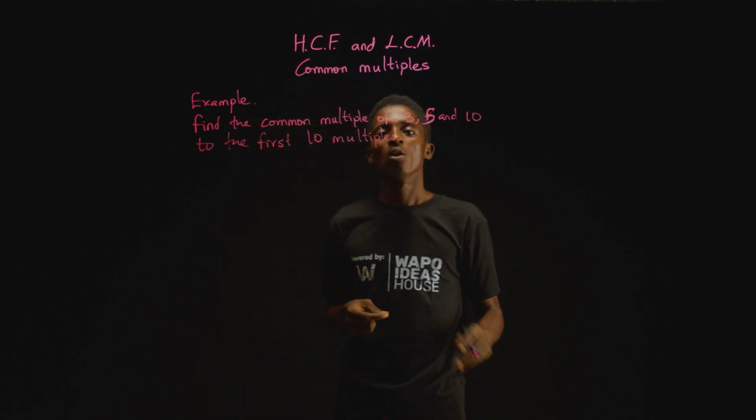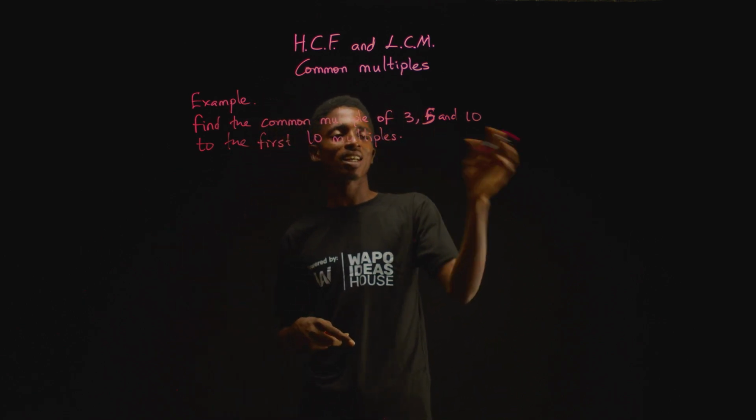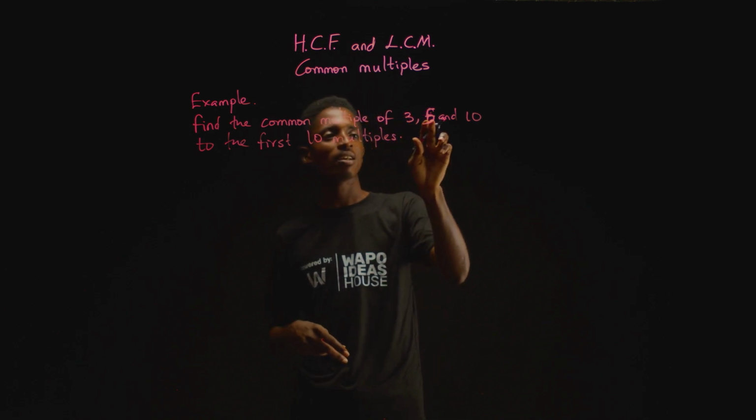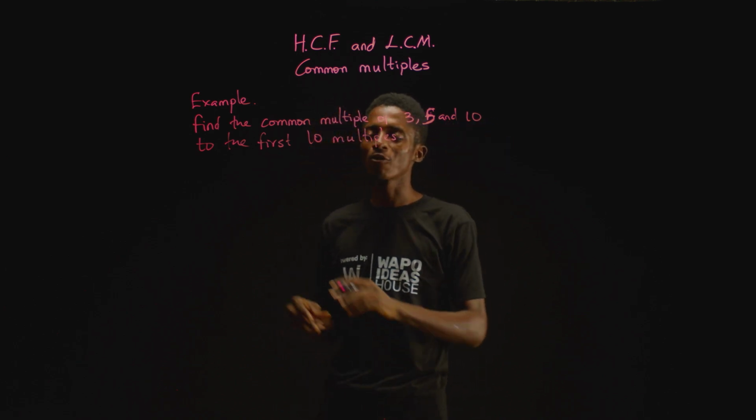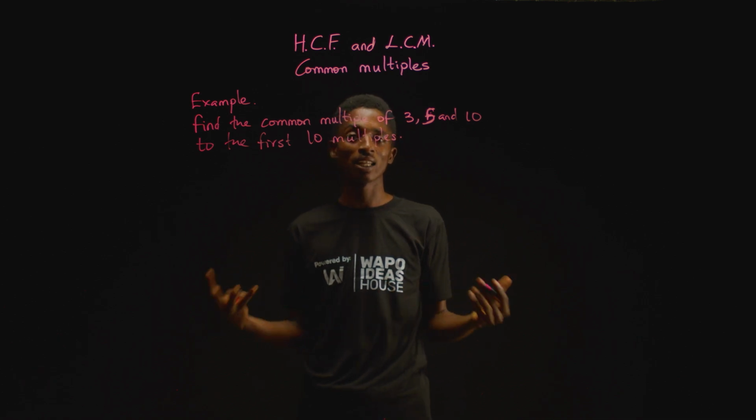Now, in this, we are to first write out the first 10 multiples of these numbers 3, 5, and 10. And then from those 10 multiples, we find the ones that are in common.